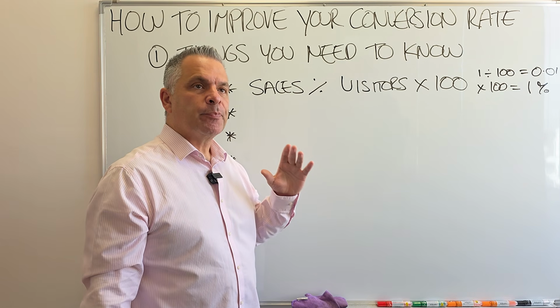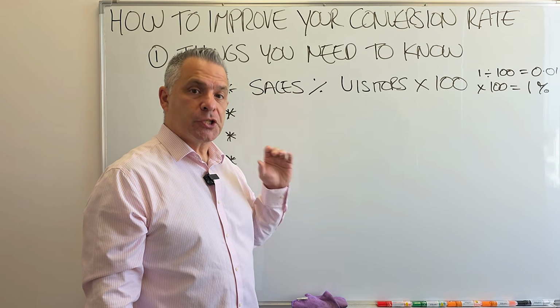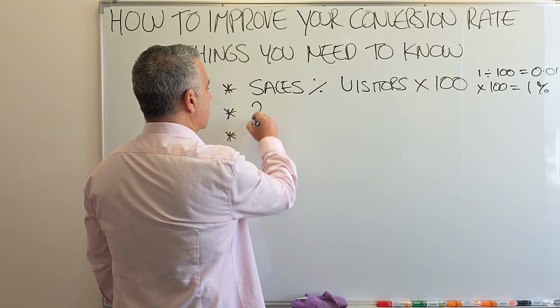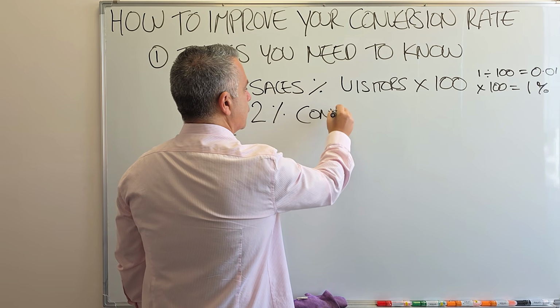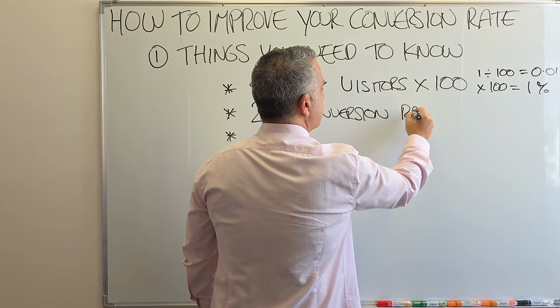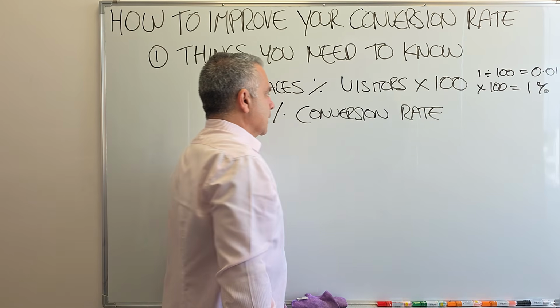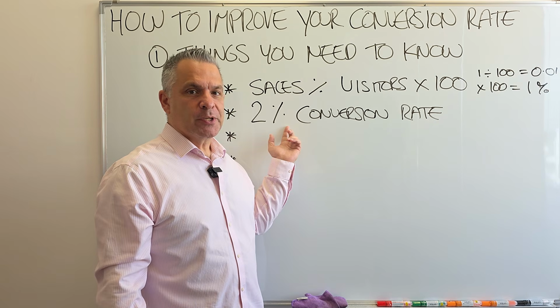And this is something that it doesn't matter what you sell, you need to aspire to. You're looking for a 2% conversion rate, okay? Now, let me be clear. It is fairly easy to get more than 2%.